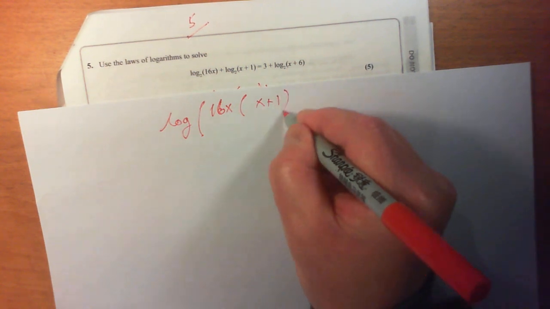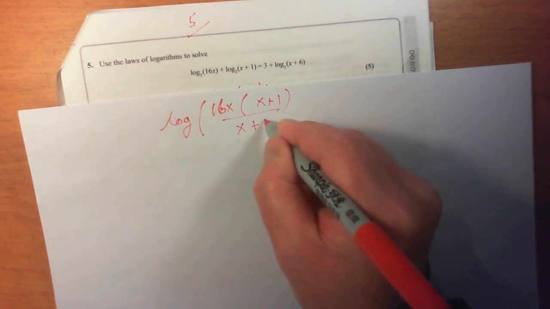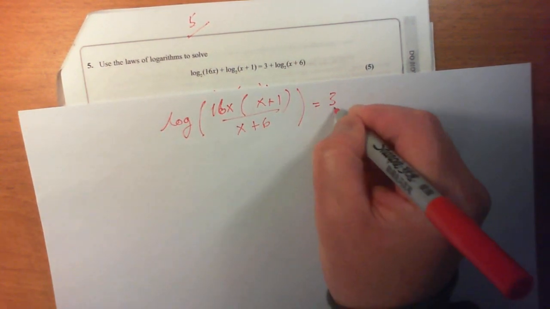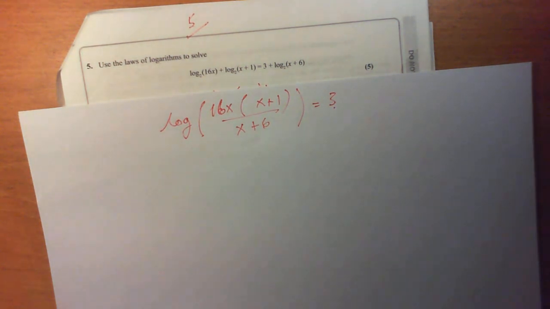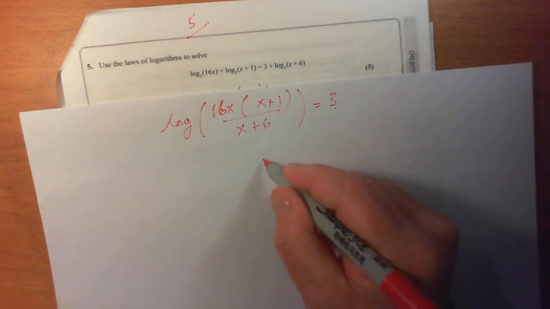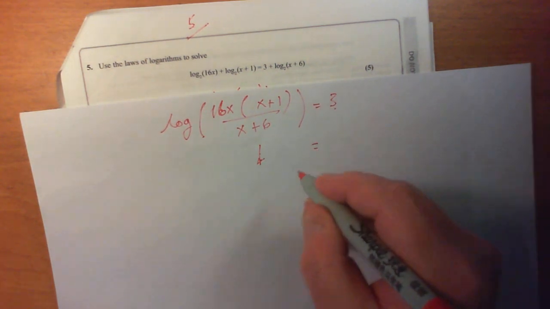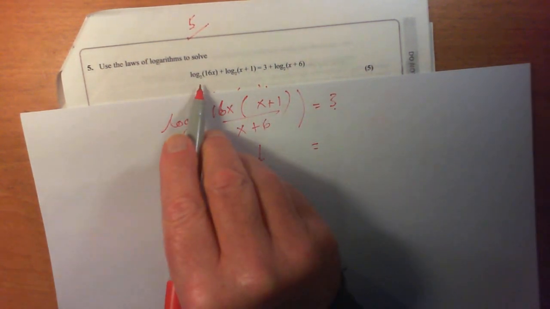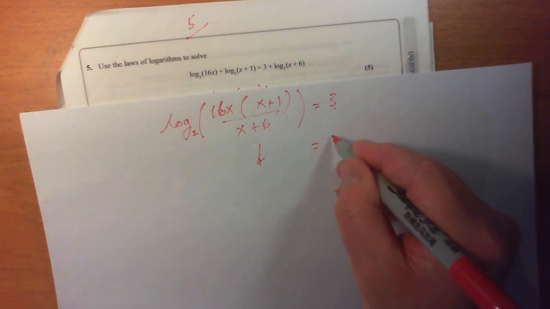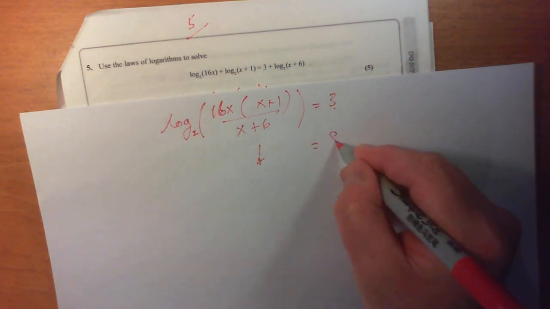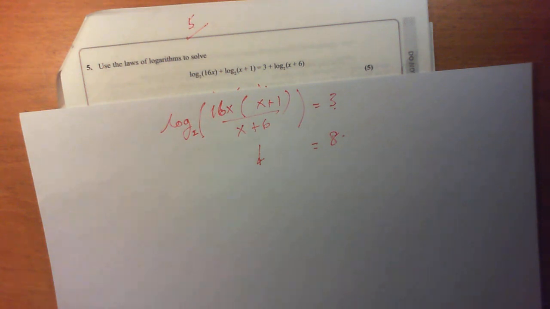x plus 1 over x plus 6 equals 3. So that's very straightforward. You can just then anti-log both sides, and that just becomes the bracket, and that's log to the base 2, so that'll just become 8. Again, that's something to watch out for.